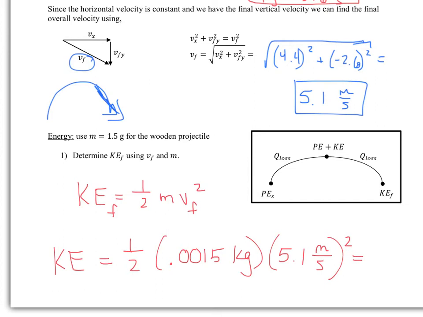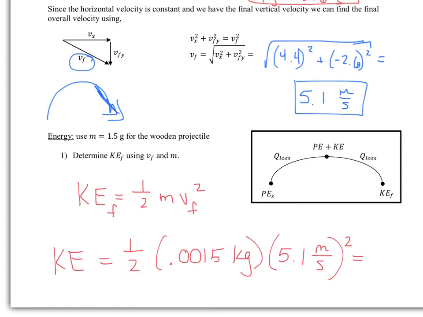Kat? Yeah, the mass of this thing is so small. And kinetic energy is a function of mass and velocity. Velocity is a relatively, not large number, but large enough. But the mass is quite small. So we have 1/2 times our mass of 0.0015 kg. That's the mass of the projectile. It's the same for everybody.